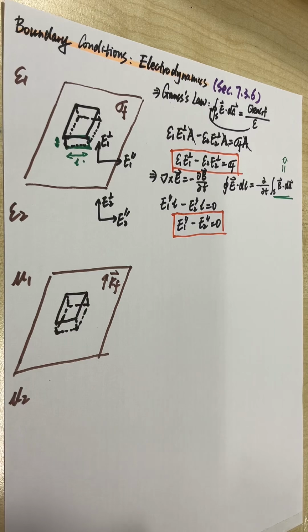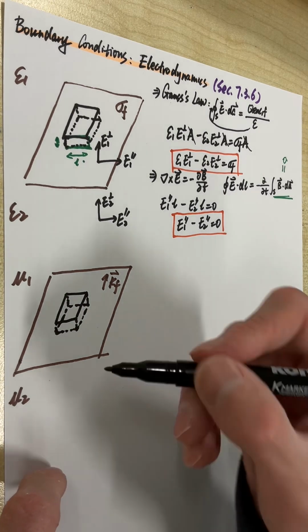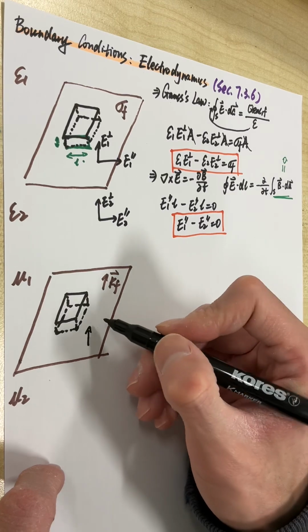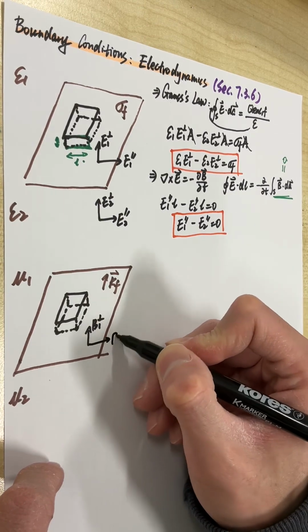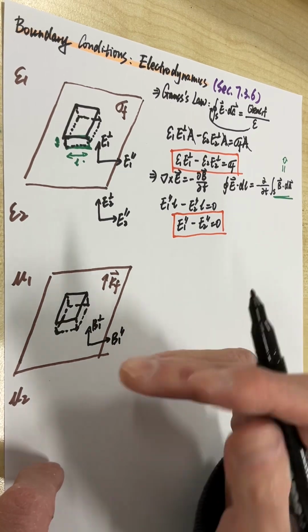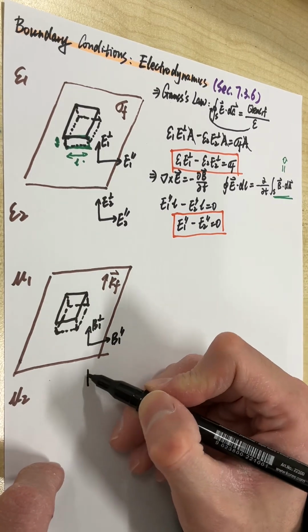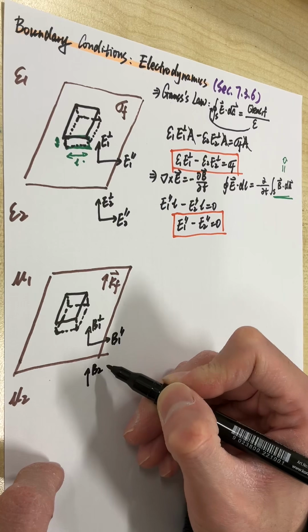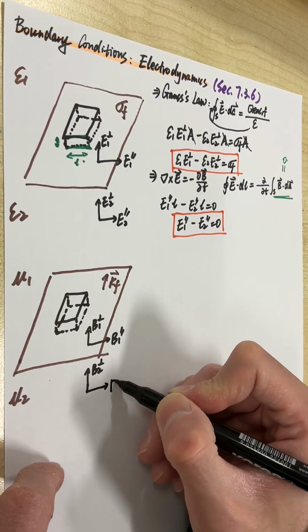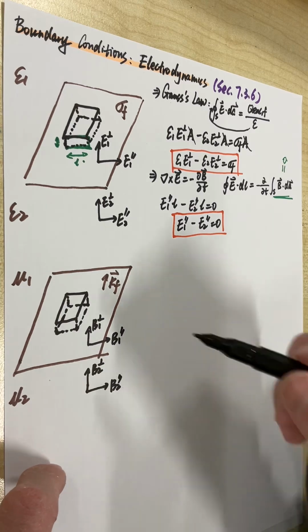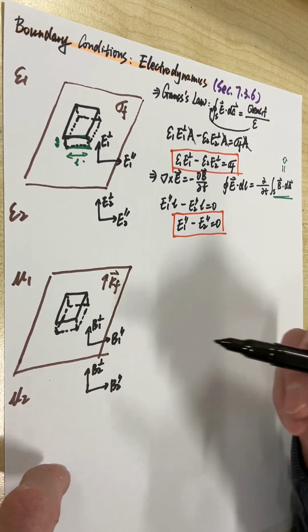Here we have the B1 normal component and B1 parallel component for the above, and then the B2 normal component and the B2 parallel component. So we need to establish the relationship between them.